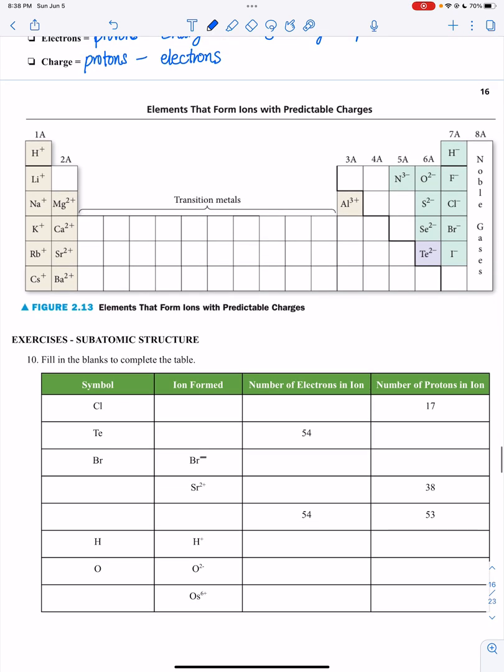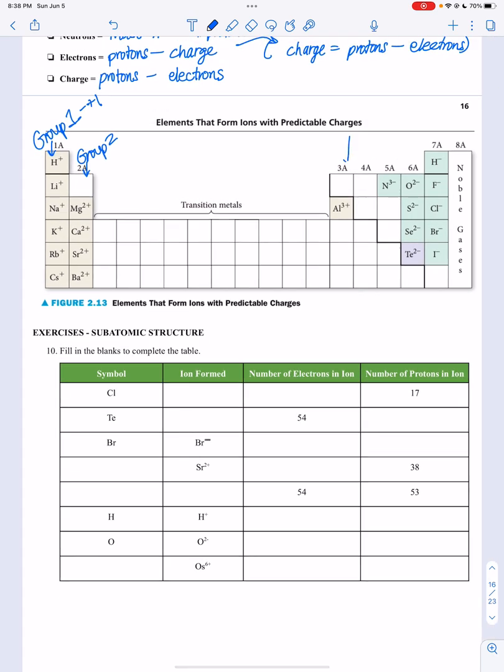There are elements that form some predictable charges, like elements in group 1 here. We'll talk about groups on the next one, but this is group 1. They typically form a +1 charge. Group 2 typically forms a +2. Transition metals we'll learn about in our next unit. They're wonky. Typically, elements in group 3 form a 3+ charge. 4 is skipped.